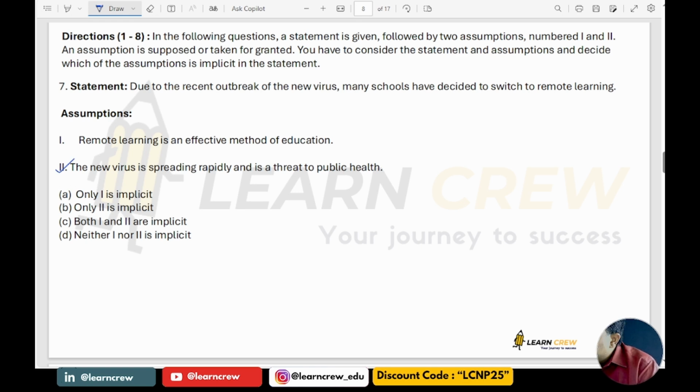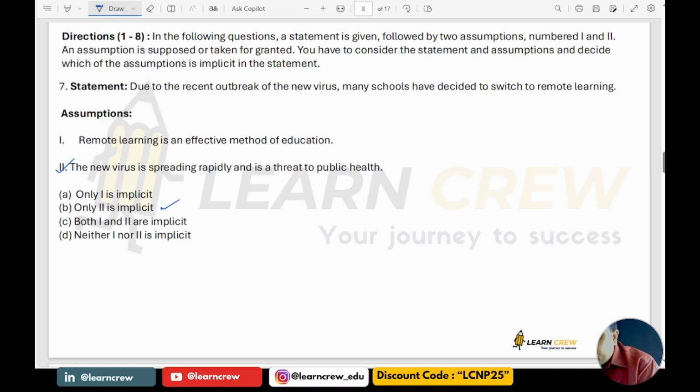So I will go with option B. This is said based on the assumption that the new virus is spreading rapidly and is a threat to public health. So 2 can be an implicit assumption, not 1.